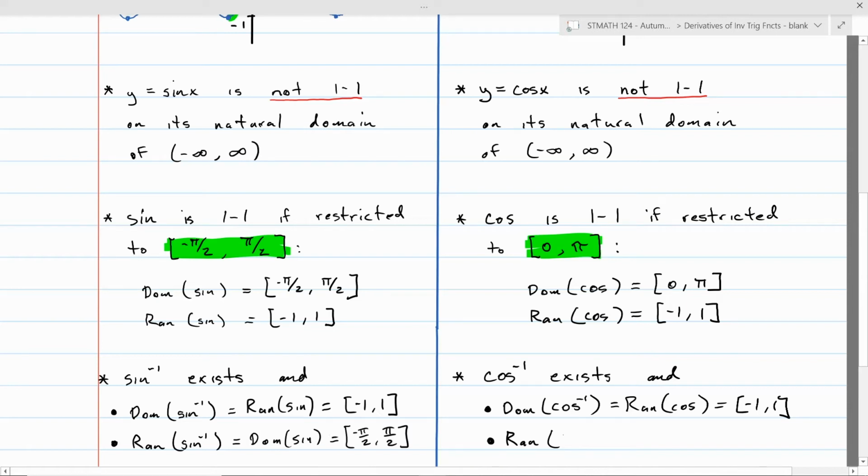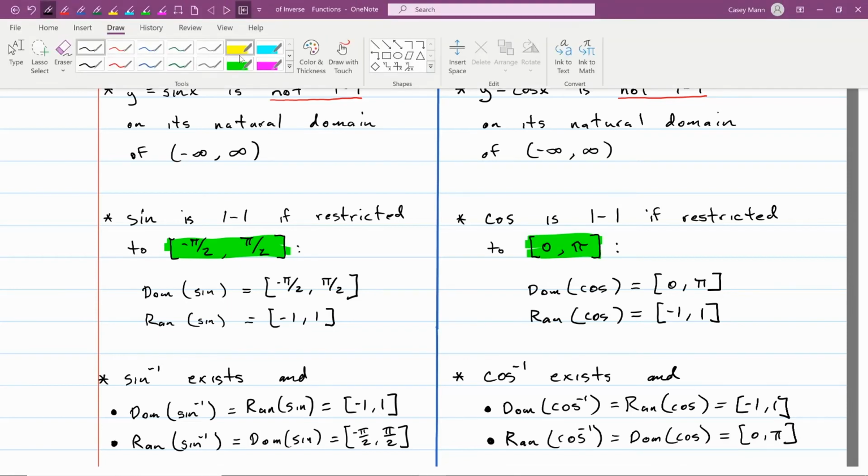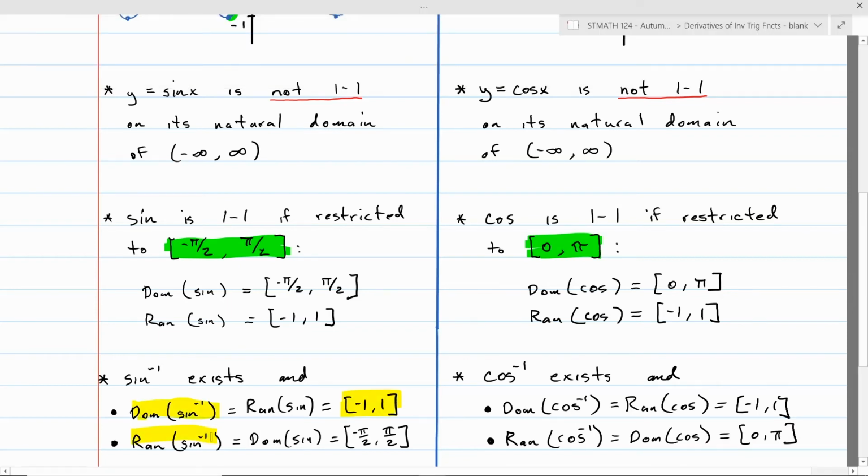And for cosine, the range of cosine inverse is the domain of cosine, which was restricted to 0 to pi. Now we know for our inverse functions what their domain and range are. And that's important. We have to know when we're dealing with some new function, especially strange ones like this, what numbers we are allowed to plug into it.